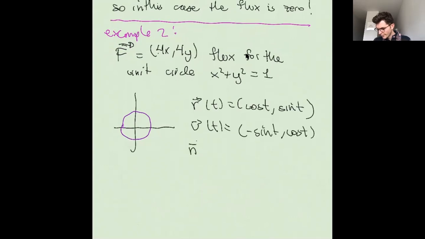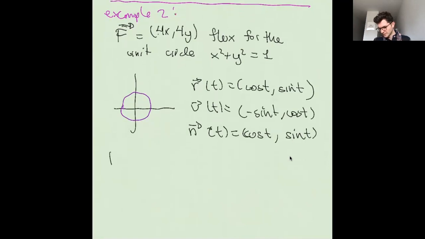And again, the normal vector. So the normal vector flips the entries of the velocity vector and changes the sign of the second one. So it just becomes cosine of t, sine of t. Okay. So to get the normal vector, take the velocity vector, flip it, and change the sign of the second entry.